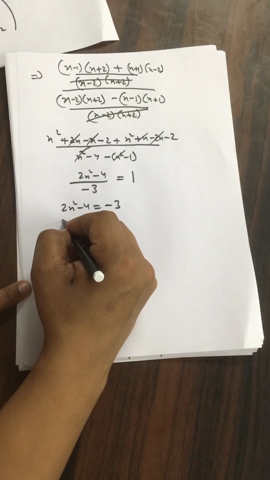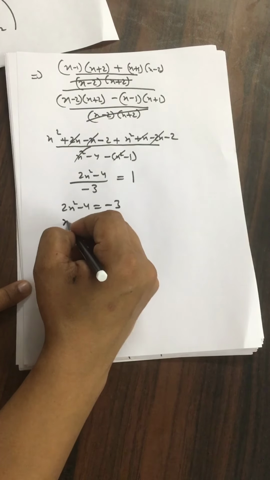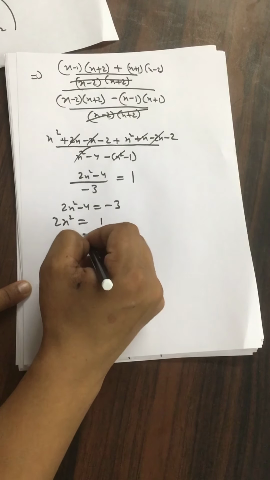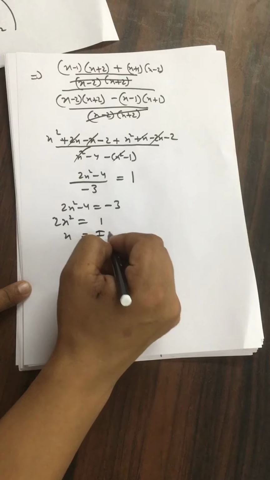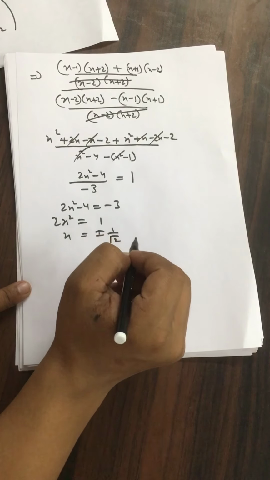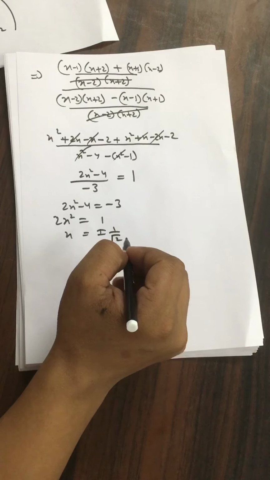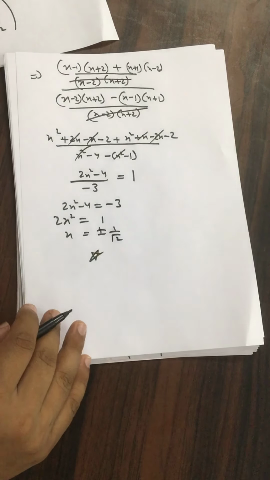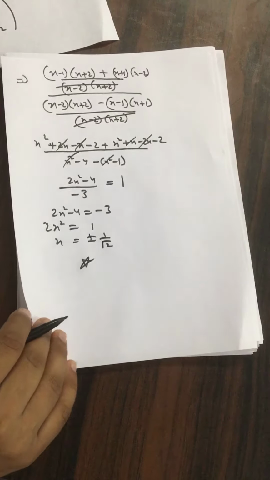So x square equals 1, x will be equal to plus minus 1 upon root 2. That's it. Easy? Got it? Good. Let's move on.